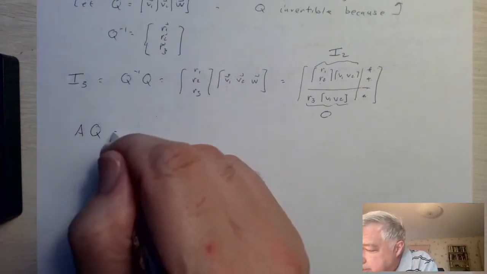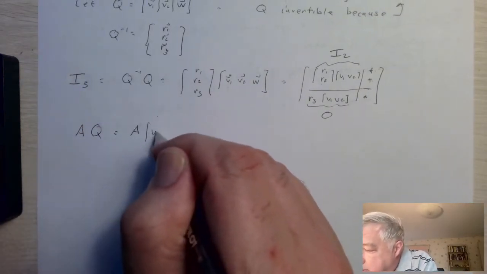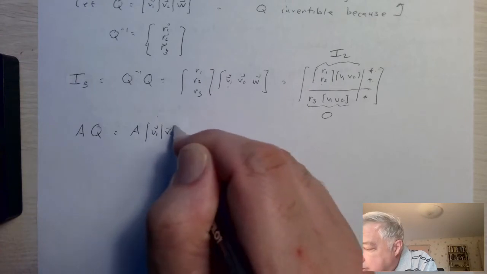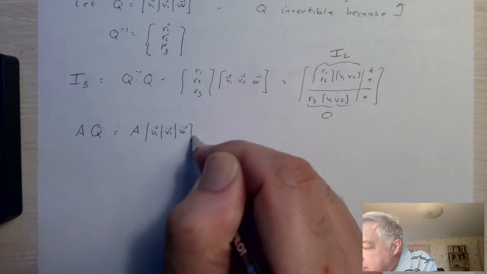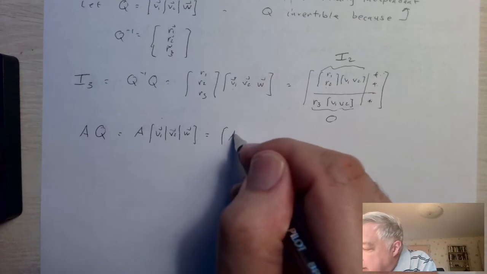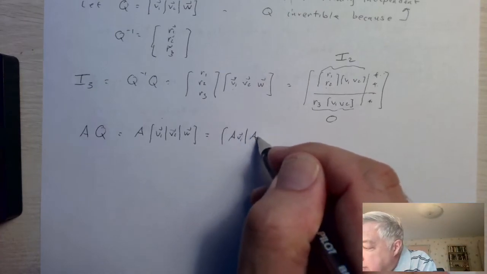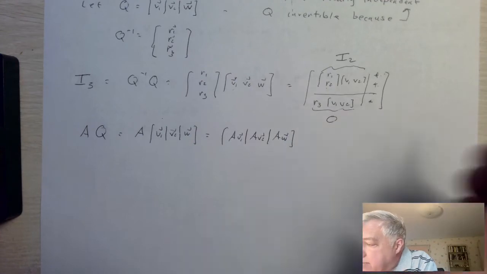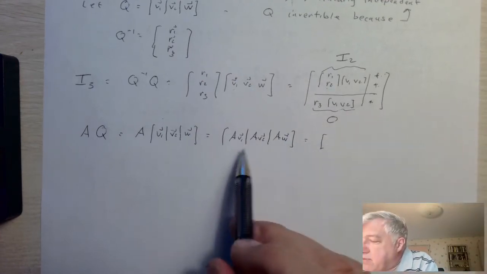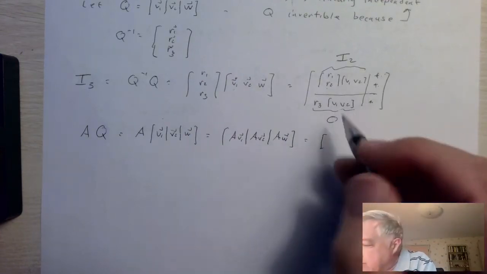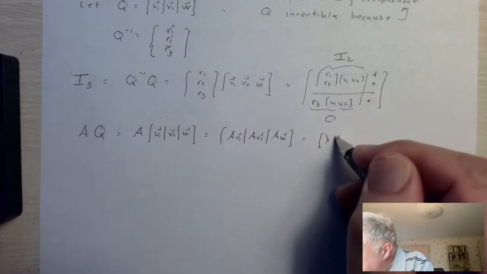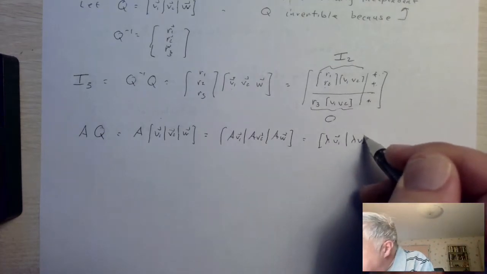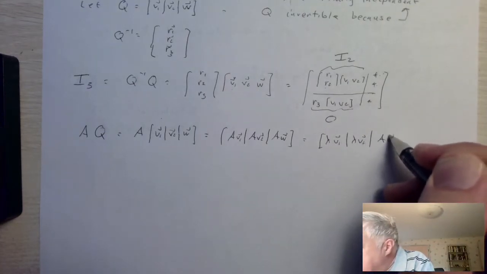So this is going to be A V1, V2, W. And this is going to be AV1, AV2, AW. But because V1 and V2 are eigenvectors, this is lambda V1, lambda V2, and this is still AW.